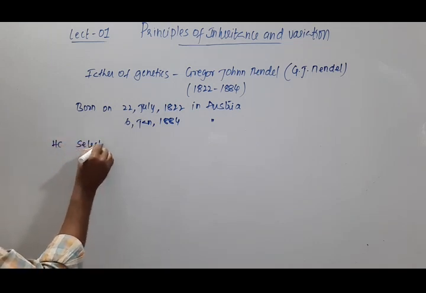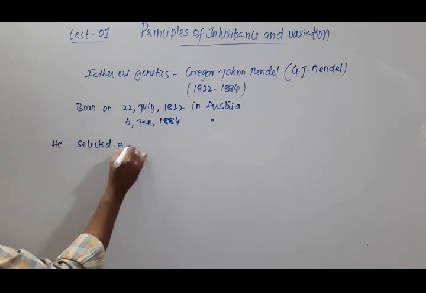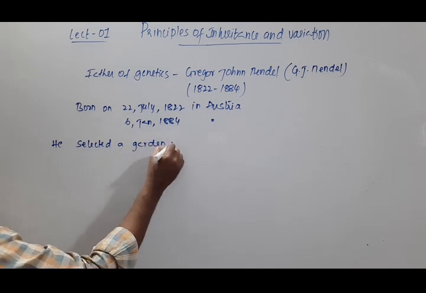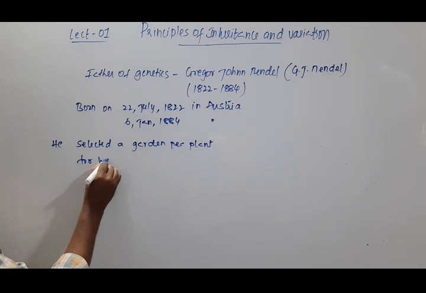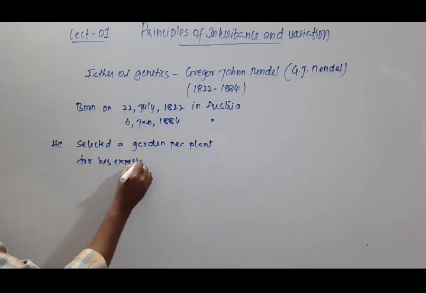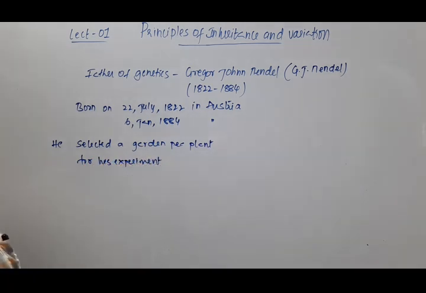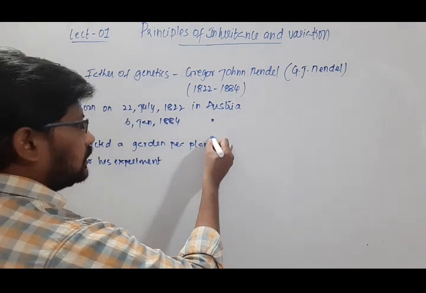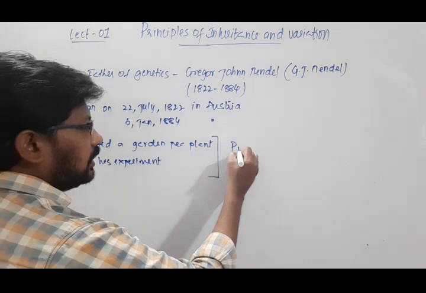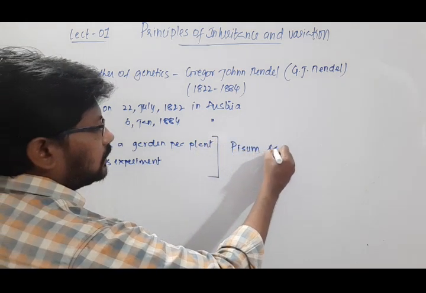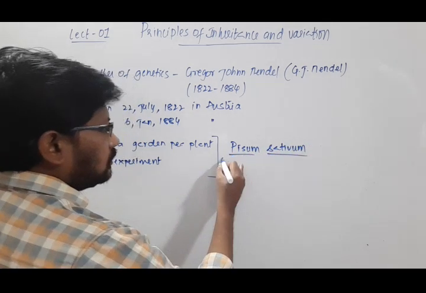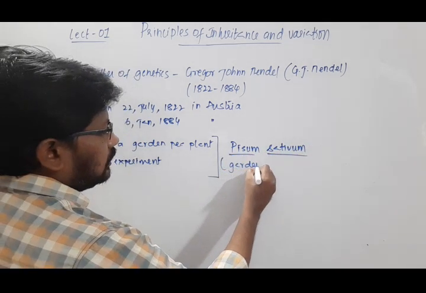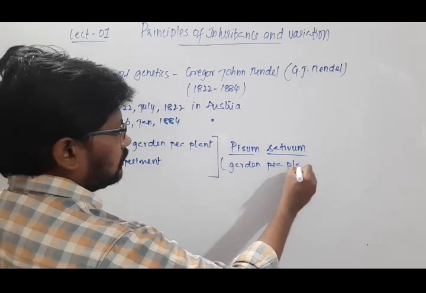He selected a garden pea plant for his experiments, and that garden pea plant is scientifically called Pisum sativum. So this is the garden pea plant.